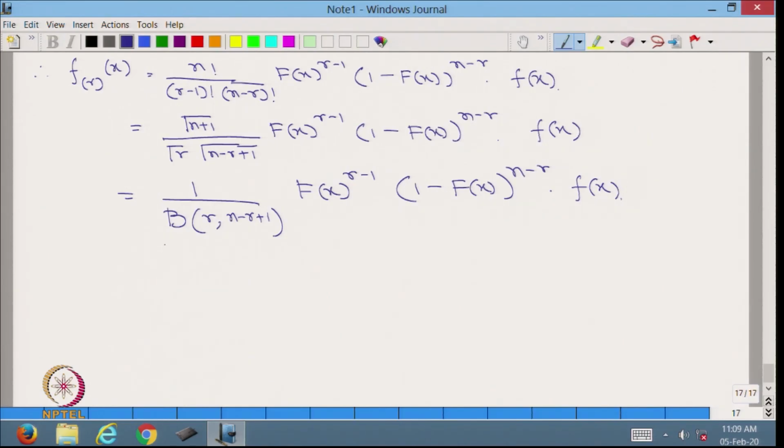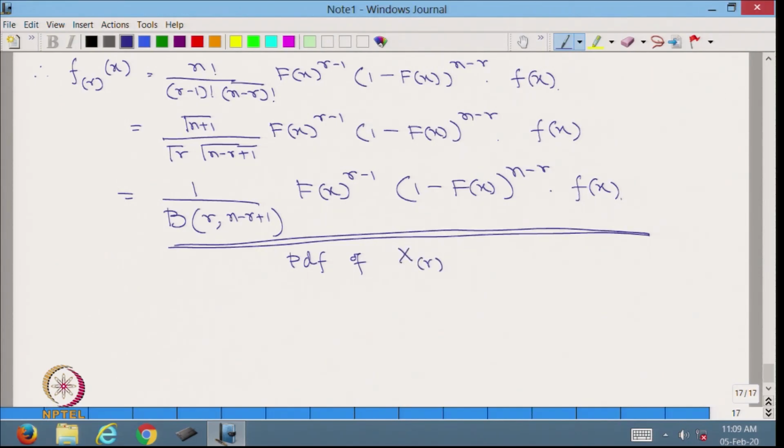So, this is the PDF of the rth order statistic, namely X_r.